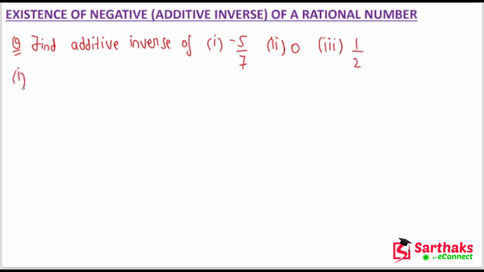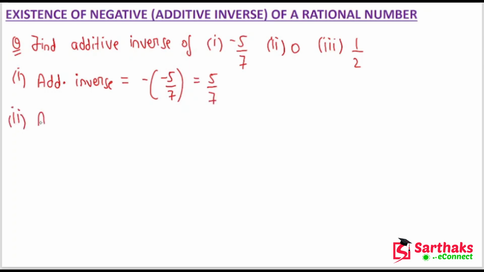So for first part, additive inverse is equal to minus of minus 5 by 7, right? I said that multiply the number with minus 1 and you will get the additive inverse, which would be 5 by 7.